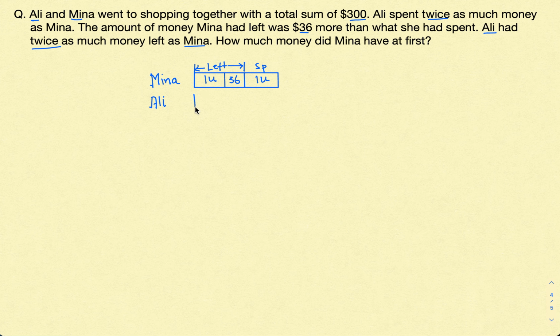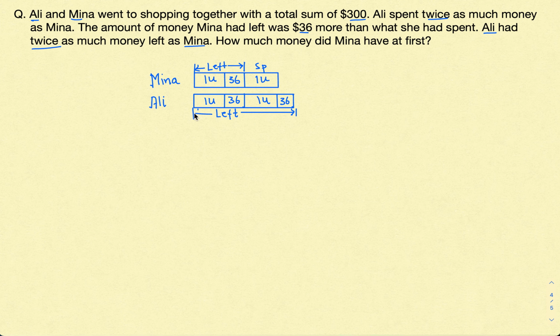This is the one time, in which we can show 1 unit and another 36, and since he has twice, we can show it with another unit, where this is 1 unit and this is another 36. You can see this amount is twice of what Meena was left. So this is what Ali was left with.